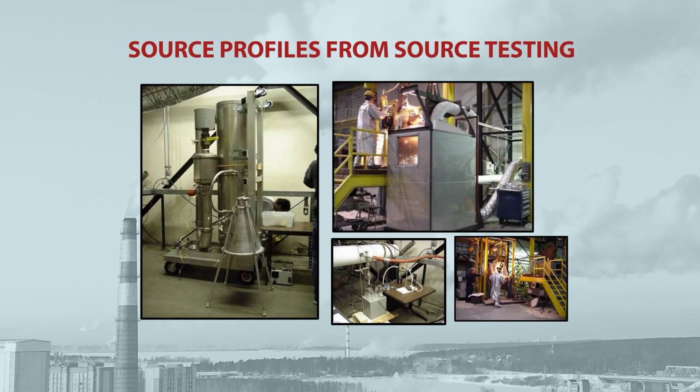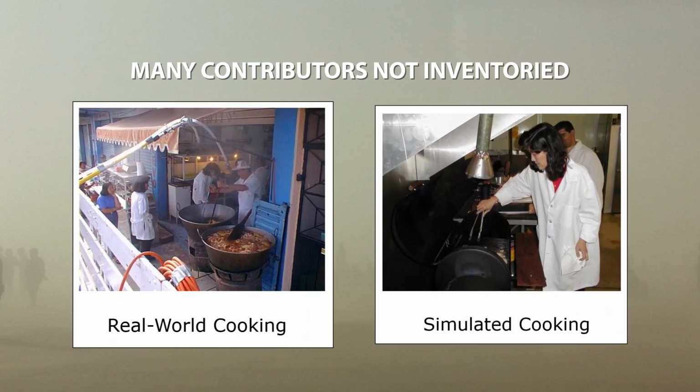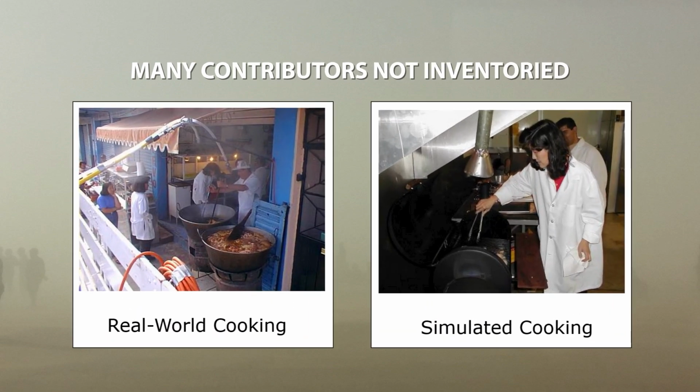And these are the source profiles, or the emission inventory. From the emission sources we can identify, for example, what amount of sulfur dioxide, nitrogen dioxide or particulate matter is being released from a kitchen, or from an industry, or from a vehicle.